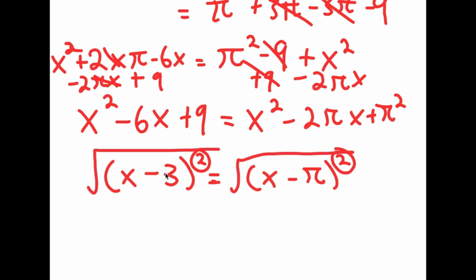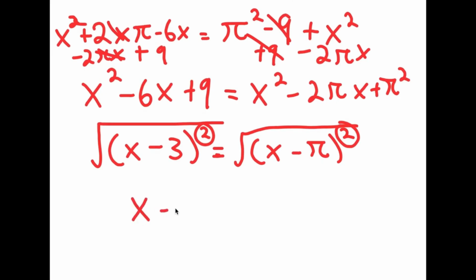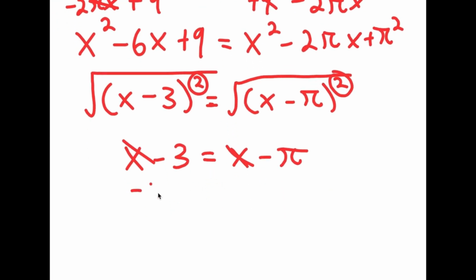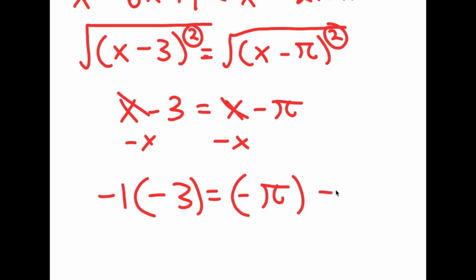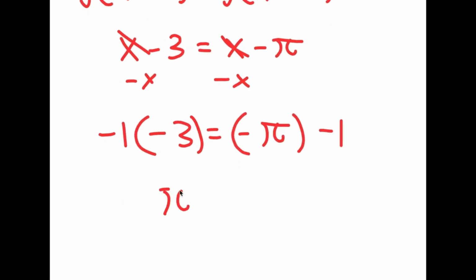So now the square root of x minus 3 squared is equal to x minus 3, and the square root of x minus pi squared is equal to x minus pi. So I get x minus 3 is equal to x minus pi. So now I'm going to cancel these two x's out by subtracting x on both sides. So now I get negative 3 is equal to negative pi. And now if I multiply both sides by negative 1, I get pi is equal to 3.